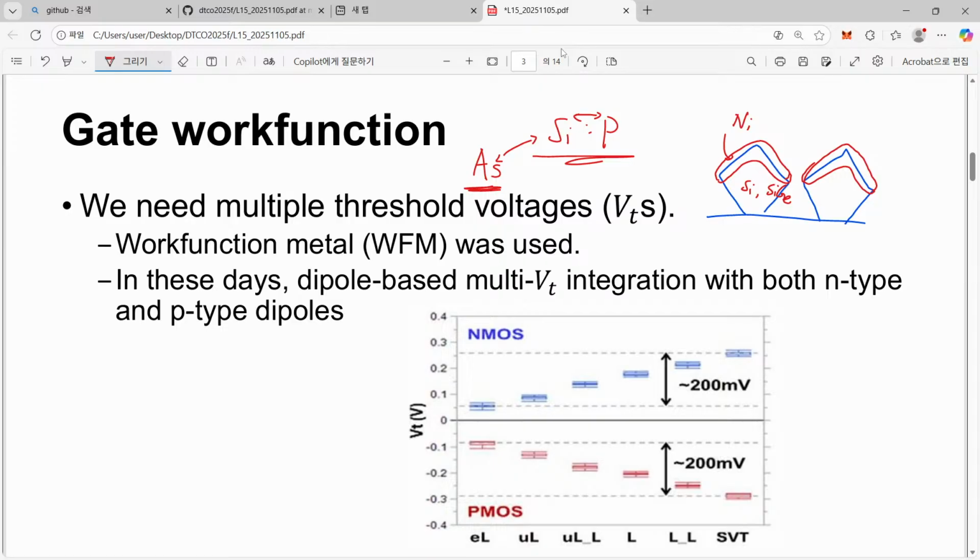So this is not a good way to proceed. So instead, for the N-type dopant, we are using silicon phosphorus. And also there has been another attempt like silicon slightly doped with carbon.